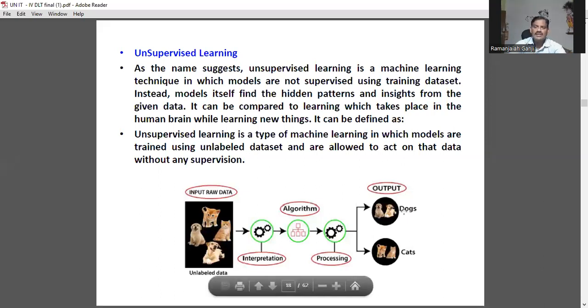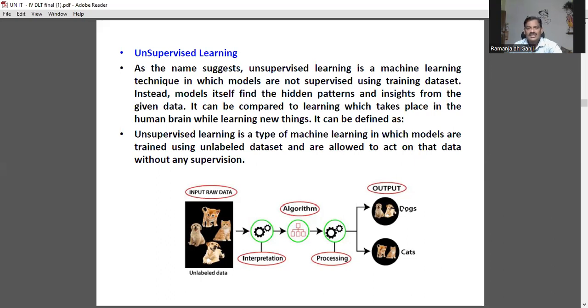Sometimes the data may contain some known labels, and some of the data may not contain any kind of known labels. In such a case, we are going to utilize a system called semi-supervised learning. I told you in previous sessions, that is supervised learning, unsupervised learning, semi-supervised learning, and reinforcement learning.